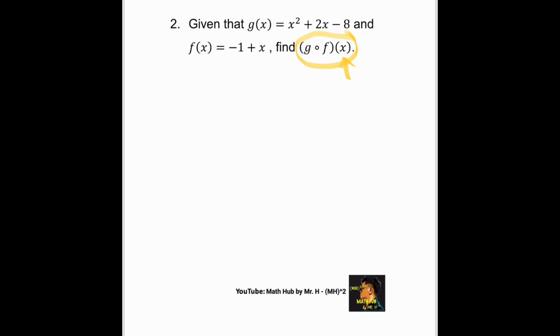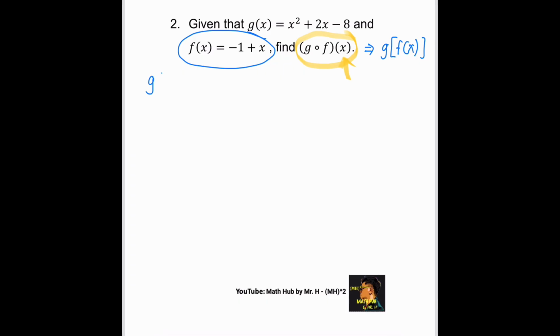So if you're going to rewrite it, that is actually equal to g of f of x. That means the original function f, which is negative 1 plus x, will be substituted to the x variables in the function g.